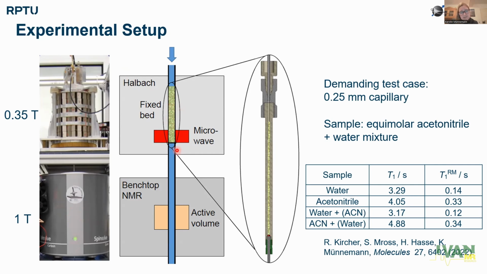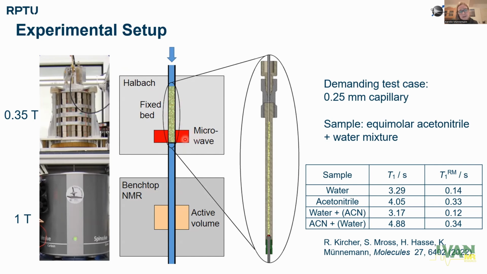And the reason is that, of course, the radicals reduce the T1 times, and therefore we would lose hyperpolarization directly after building it up if the radicals were still present during our transfer step. So what we are doing is we immobilize the radicals in a fixed bed, and then they are only present for the ODNP.